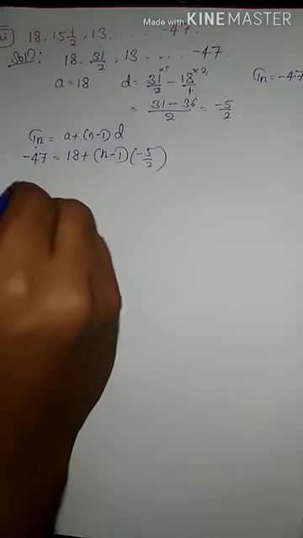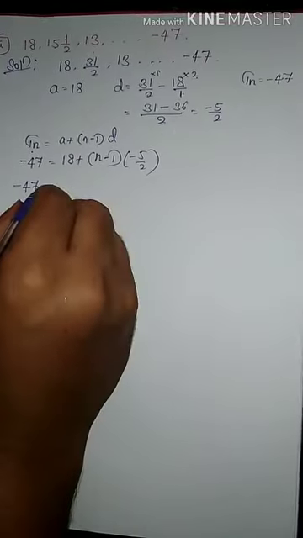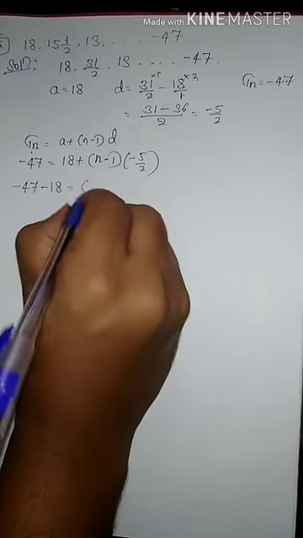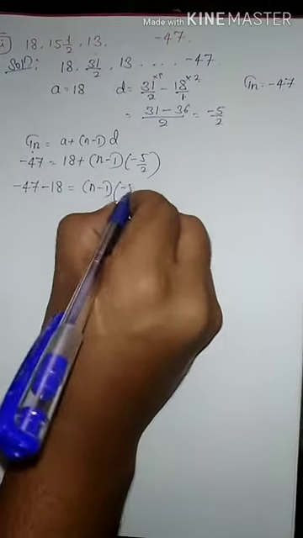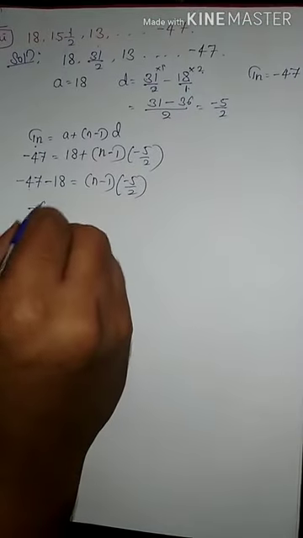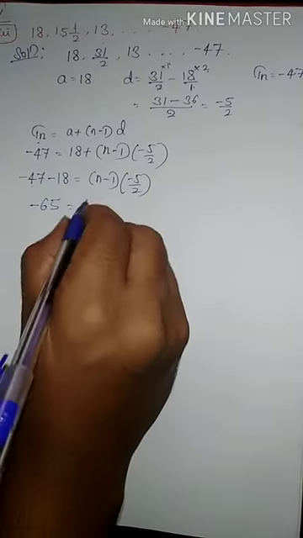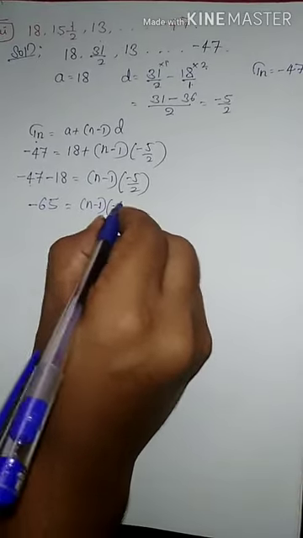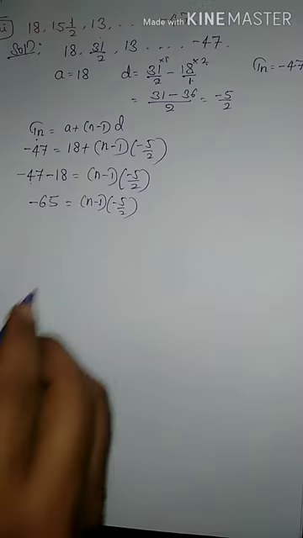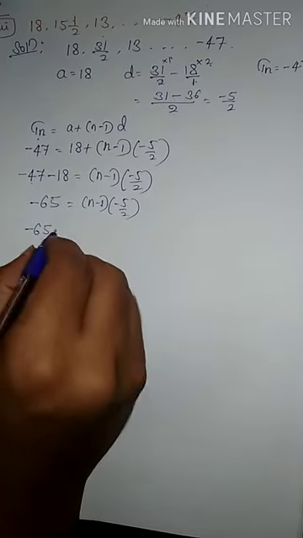So next, minus 47. This 18 moves to the left-hand side and becomes minus 18, is equal to (n minus 1) into minus 5 by 2, as it is, and minus 47 minus 18 is minus 65. Minus 65 is equal to (n minus 1) into minus 5 by 2. And now this minus 5 by 2 moves to the left-hand side and becomes its reciprocal.